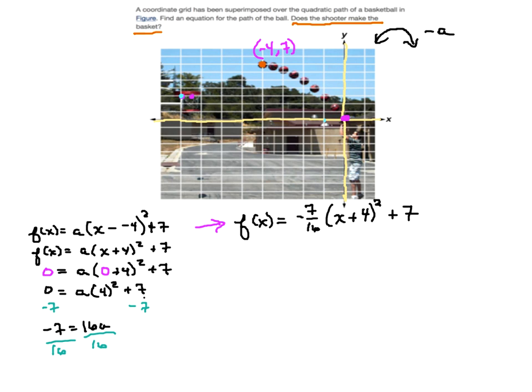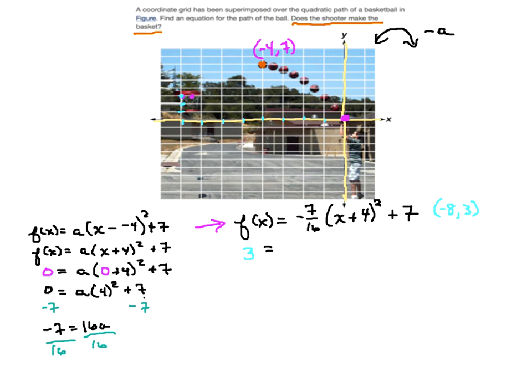All right, so let's see what this point right here is. So 1, 2, 3, 4, 5, 6, 7, 8. So negative 8, 1, 2, 3. So we're going to check the point -8, 3, and see if he makes the basket.